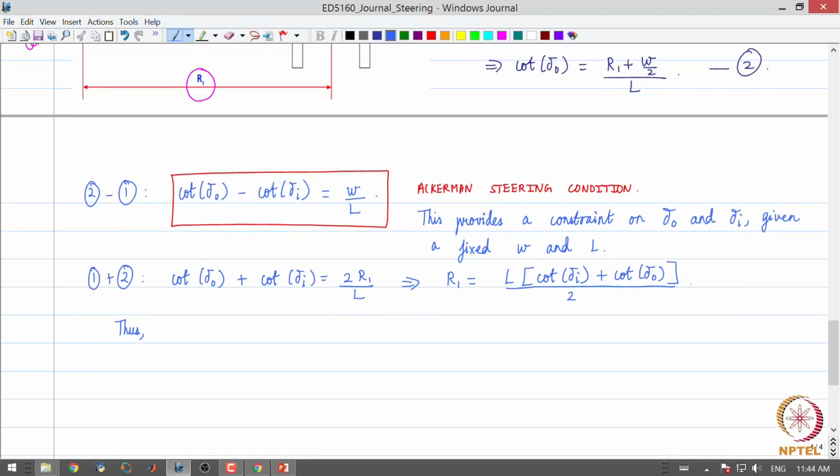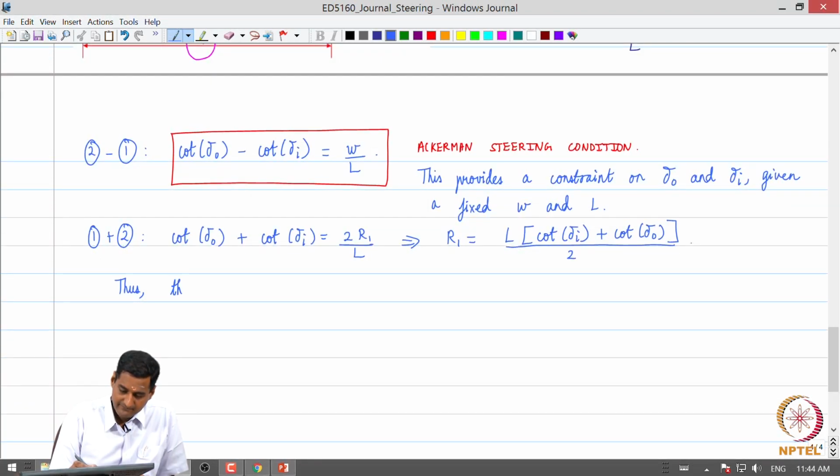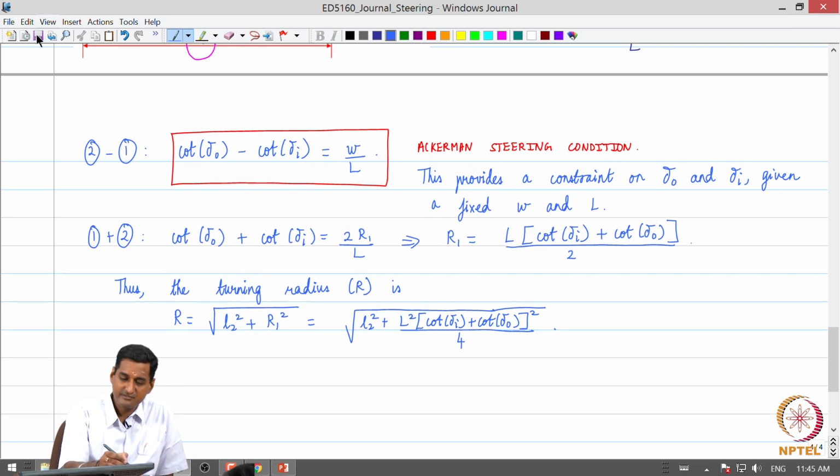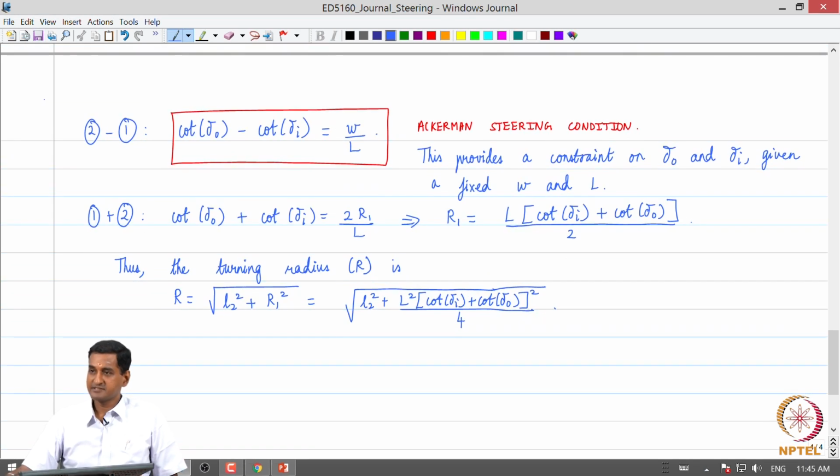Thus, the turning radius R is the square root of L2 squared plus R1 squared, which we get as the square root of L2 squared plus L squared times (cot delta I plus cot delta naught) whole squared, divided by 4.